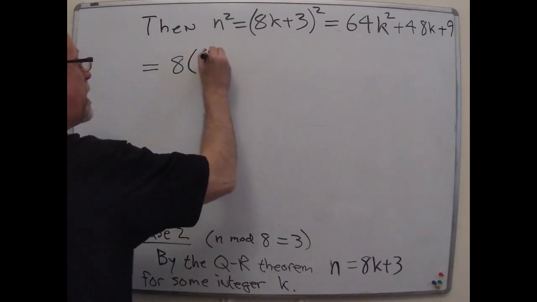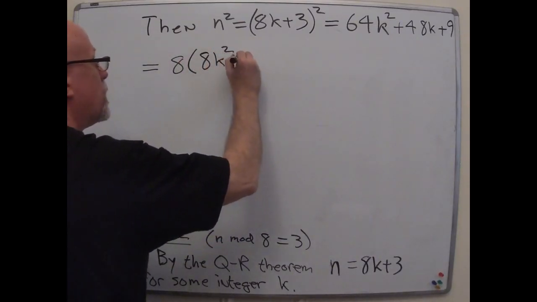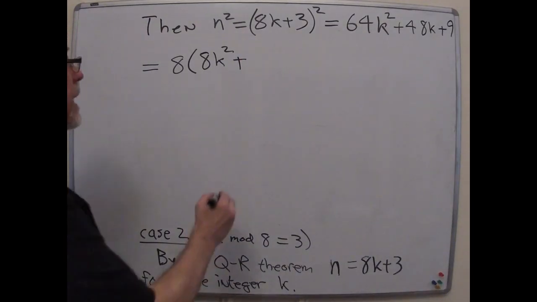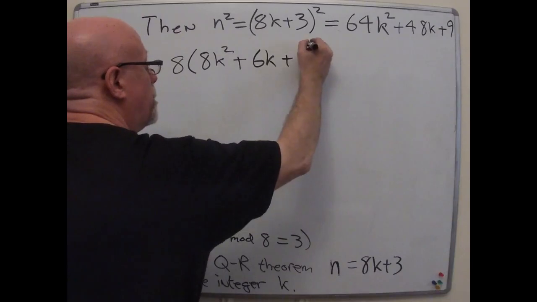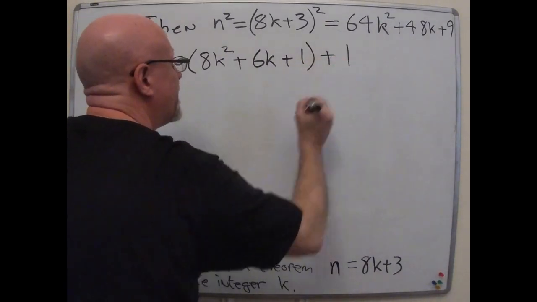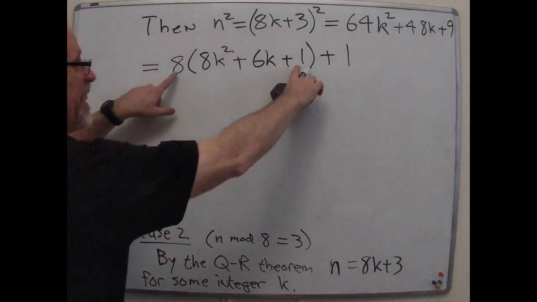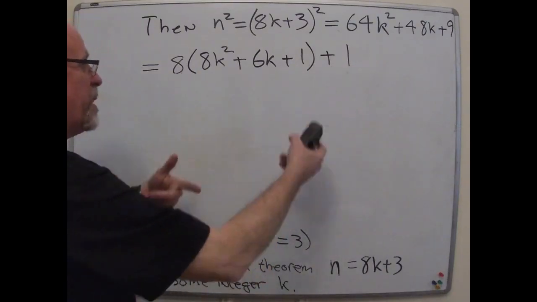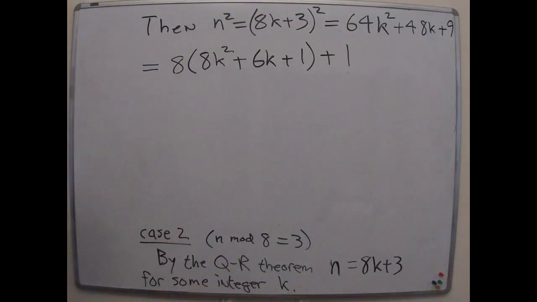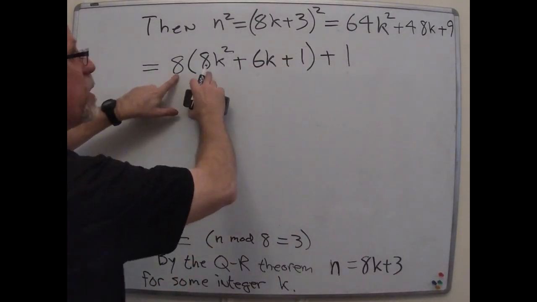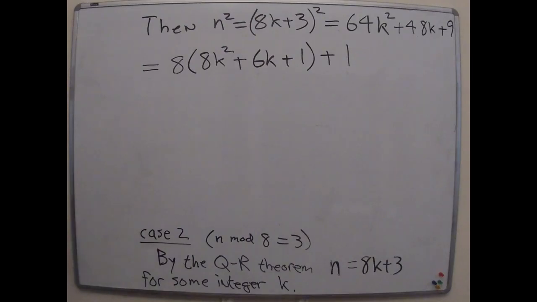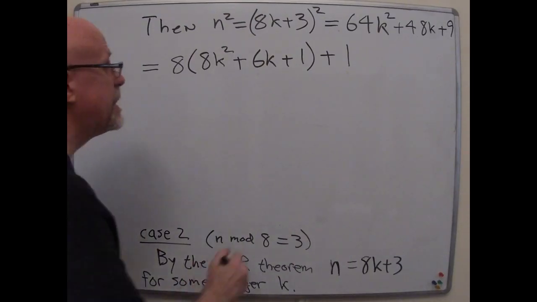It'll be 8k squared plus 6k plus a 1, and then plus a 1. That's the 8 and that's the 1, so you get 9 out of the total. But did I do this all right? 8 times 6 would be 48k. 8 times 8 is 64k squared. Awesome, yeah. So again, the result works in this scenario.